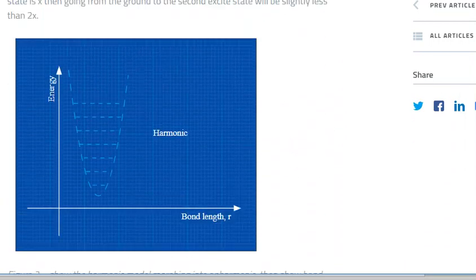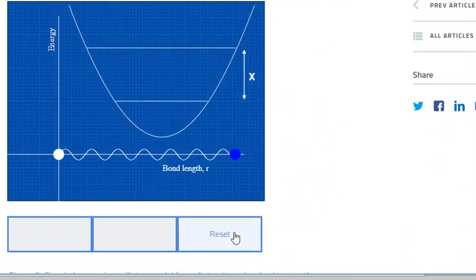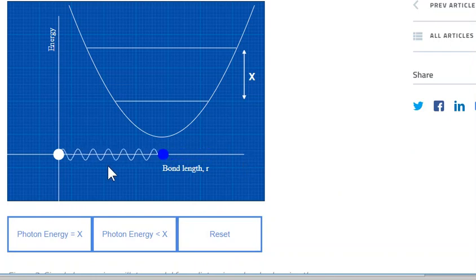So if we look at a vibration, we can see that here are two atoms, the bond's vibrating between them. You can see it's moving in and out, and this is the maximum bond length as that bond vibrates.